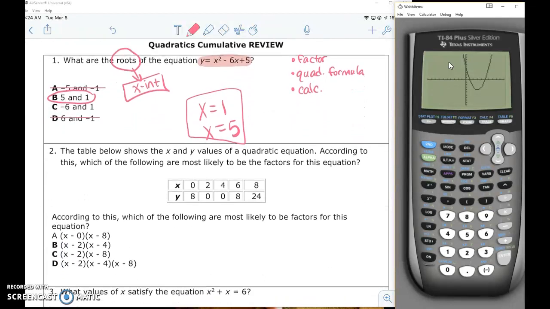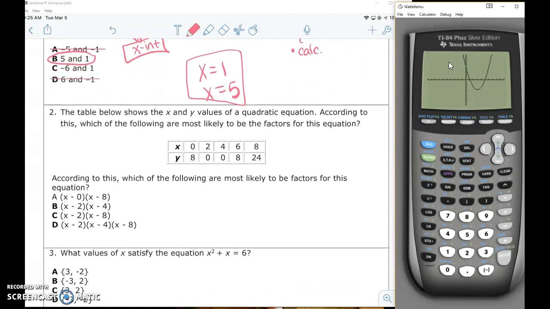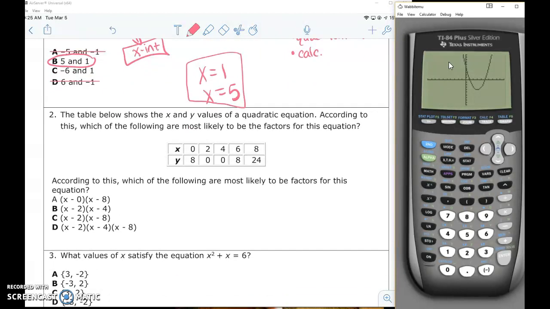Number 2, the table shows the x and y values of a quadratic equation. According to this, which of the following are most likely to be the factors for this equation? Remember that factors are what we get when we have an equation that's in standard form, and we factor it, and we can then take our factors to get our roots.